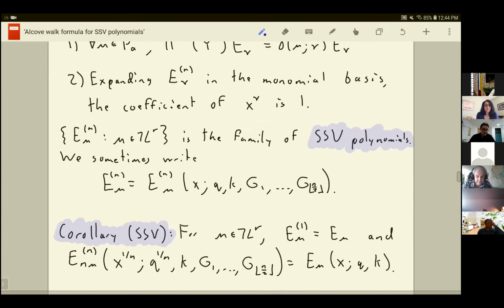Oh, but before that, just to line up these SSV polynomials with what we already understand, if n is 1, everything reduces to what you're used to, and these are just Macdonald polynomials. But sort of cooler is that even for general n, if you only look at weights that are a multiple of n, if I take something like n times mu, then those will also be Macdonald polynomials.